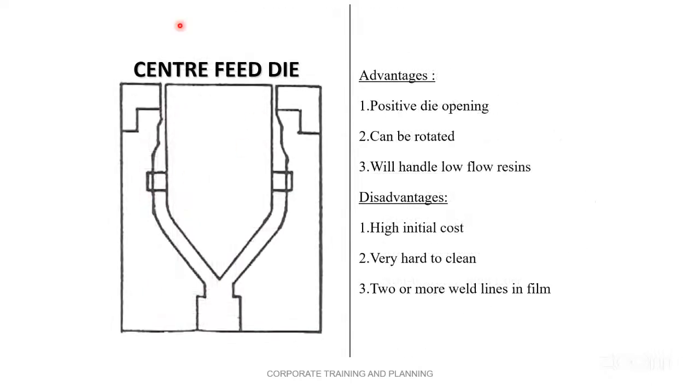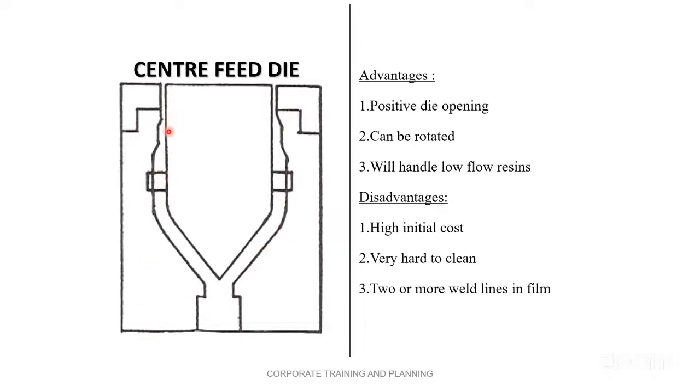Now, see the center fed die now. Center fed die, see where the material is? Yes, the material gets fed here. Here is the extruder. Okay. Now see here, the material going like this. This is like this. And this center fed die, you can rotate like this, friend. Rotation is possible. Right. Positive die opening. Yes, see that. It is a completely positive die opening.